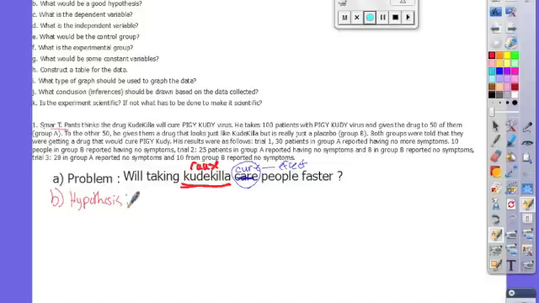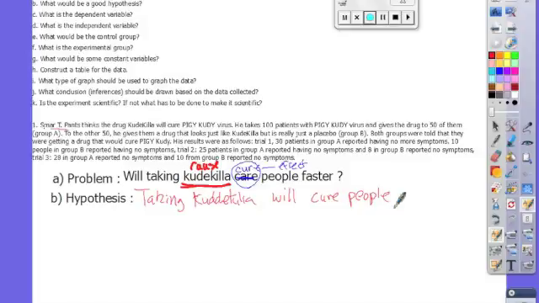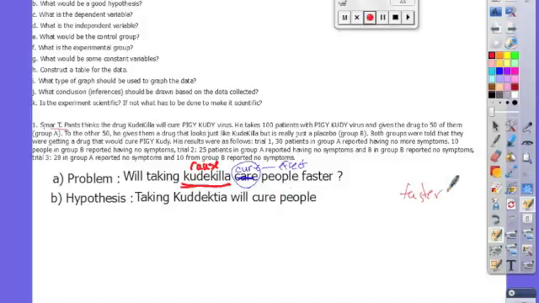Okay, taking the Caligula will cure people faster.